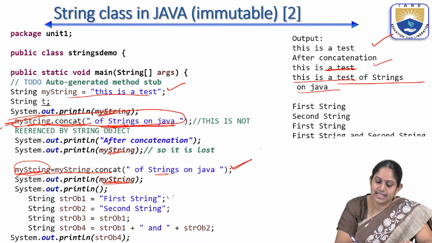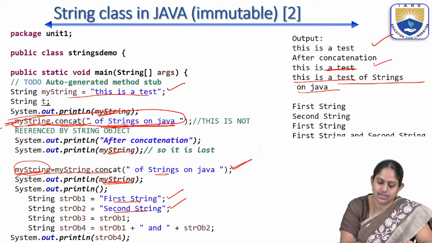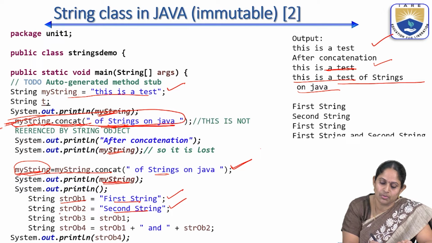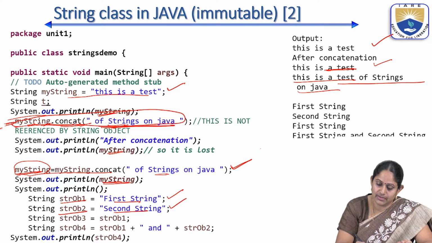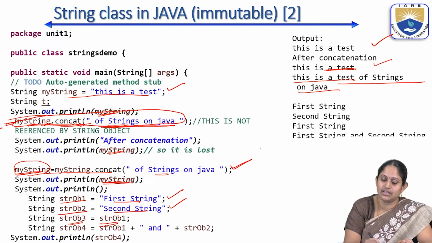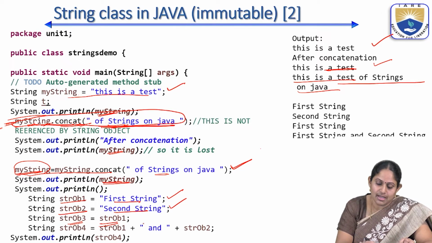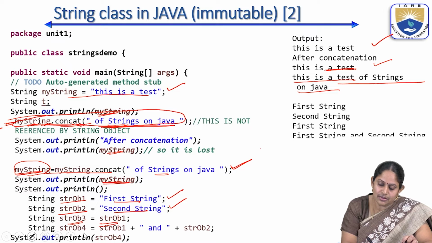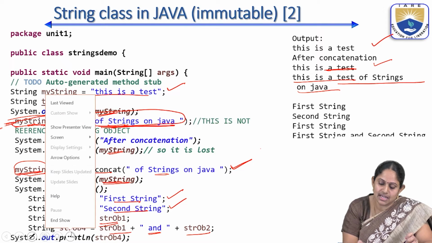First we are creating two strings, first string and second string, and they are referred by strOb1 and strOb2; these are the two objects having these contents. Now we are assigning the first object, strOb1, to strOb3, so strOb3 also has the content of the first string. Then we are concatenating ob1 and ob2 and storing it into strOb4.